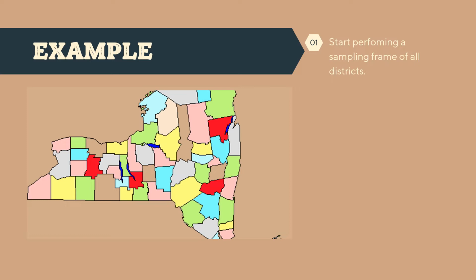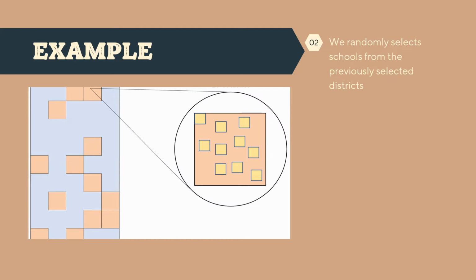So let us say that the pink color are the students clustered in districts. We are now done selecting students in district clusters, so we can proceed to the second stage. We randomly select schools from the previously selected districts, and then students are clustered in schools.